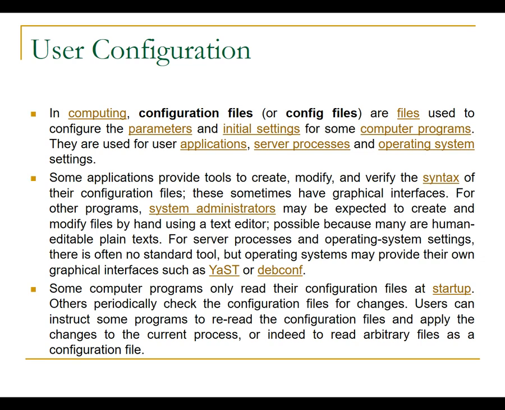Some computer programs read their configuration at startup and others periodically check the configuration file and make changes as the operating system gets loaded after the completion of the booting process. So user configuration is the file which is handled by the system internally and it executes during the booting process of the system.